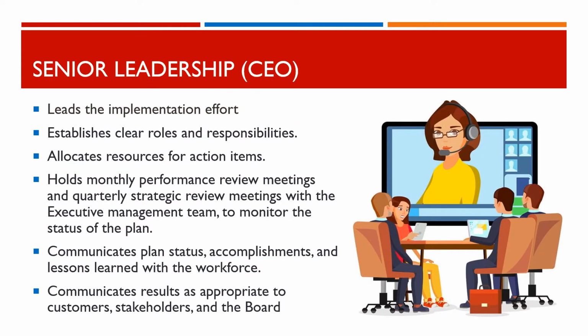In strategy implementation, the CEO typically leads the implementation effort, establishes clear roles and responsibilities, allocates resources for action items, holds monthly performance review meetings with the executive management team, holds quarterly strategic review meetings with the senior leadership team to monitor the status of the plan, leads by consensus, but makes key decisions when necessary, communicates plan status, accomplishments, and lessons learned with the workforce, and finally, communicates results as appropriate to customers, stakeholders, and the board.